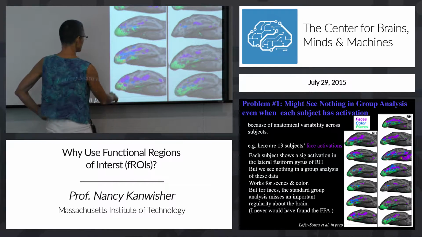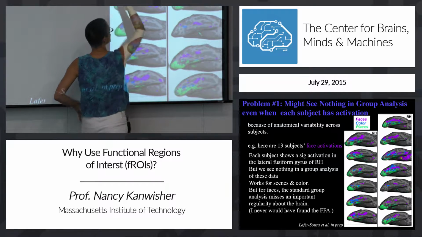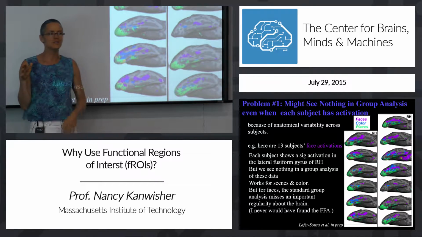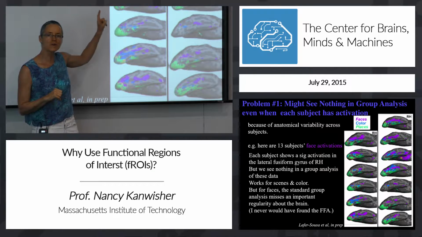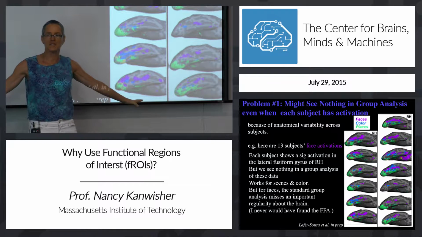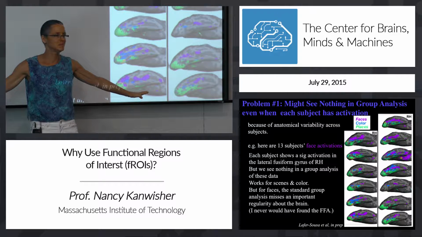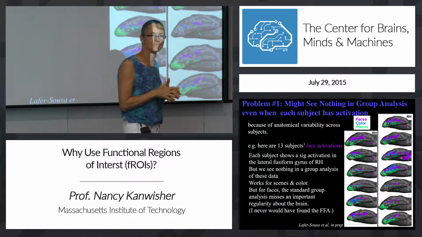And you can see every subject has nice face-selective bits in roughly the same place on the lateral side of the fusiform gyrus. But when Rosa puts these data into a standard group analysis, she finds no face-selective activation at all. Boom, nothing. That's a grotesque problem, right? You really miss things when you do that, okay?